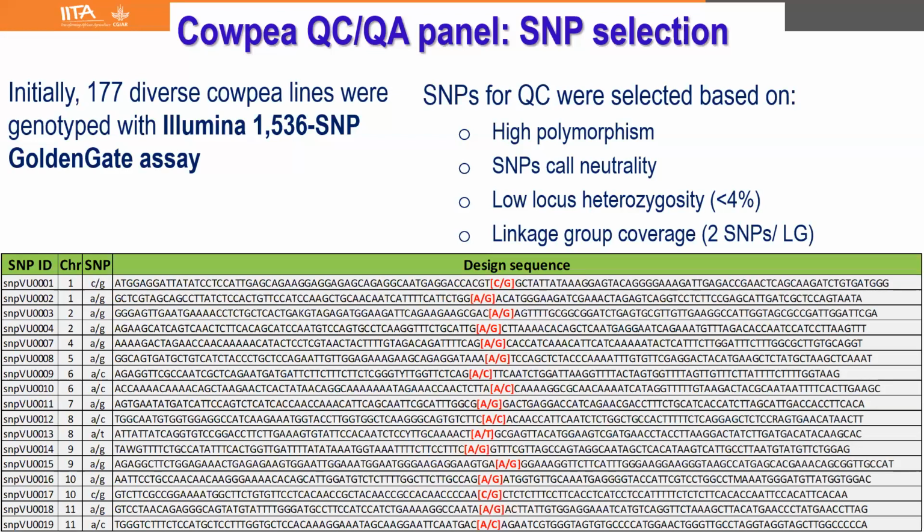Then it went through selection processes, looking at polymorphism, SNP neutrality, heterozygosity, and genome coverage. This process allowed us to identify an initial set of 19 SNPs that could be used for quality control in the breeding program.